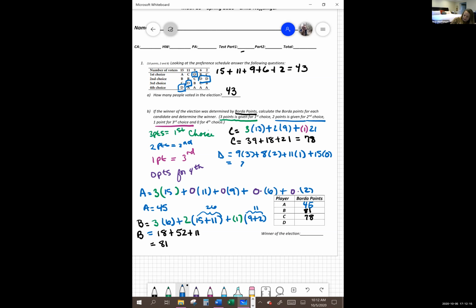So 9 times 3 is 27, plus 8 times 2 is 16, plus 11 times 1 is 11. So 27 plus 16 is 43, and 43 plus 11 is 54. So the winner of this election goes to B. So, questions on that?